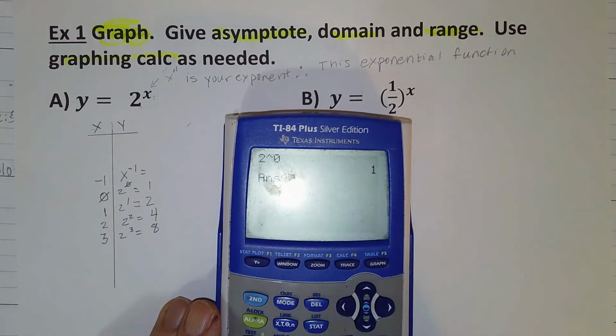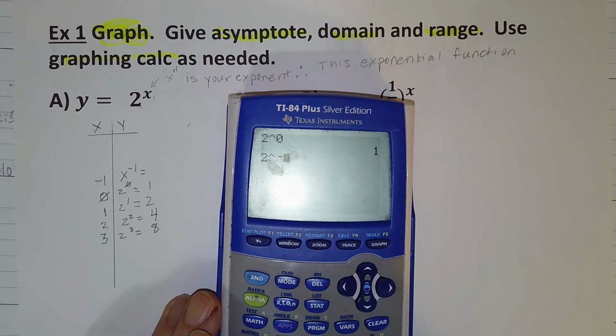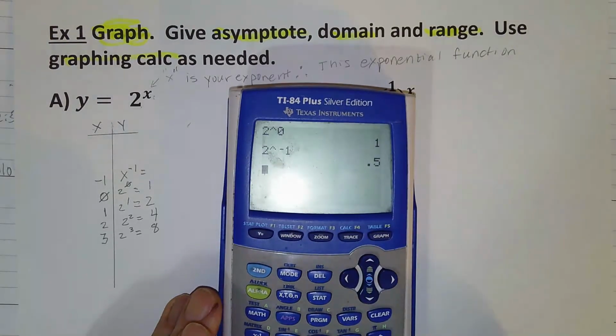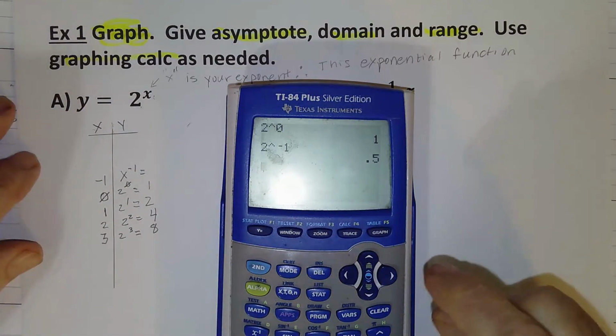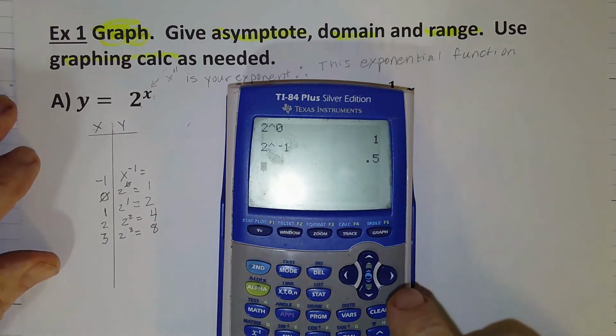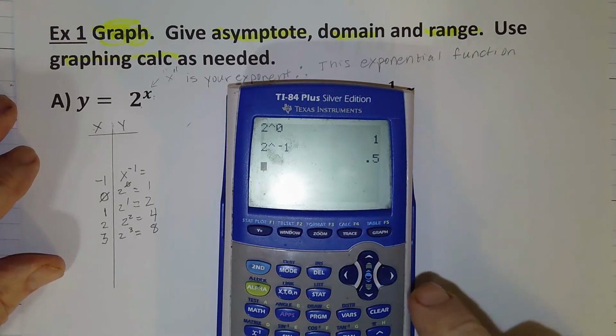So 2 caret again. Whoops, clear this. 2 caret and then -1. That's 0.5. Now that's a decimal. We want a fraction for this because it's easier to see what we're trying to do when we graph.